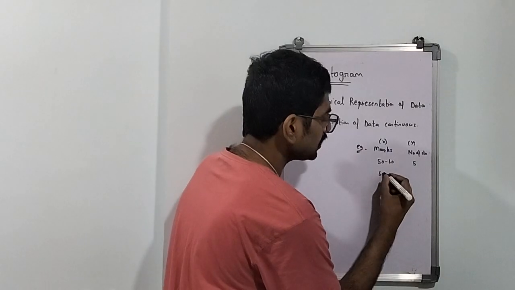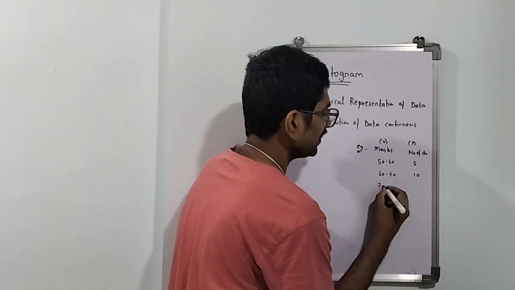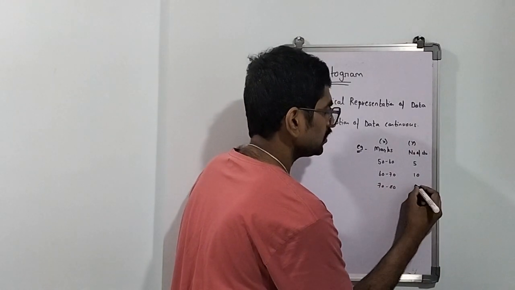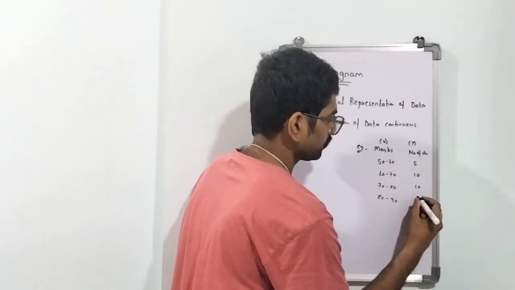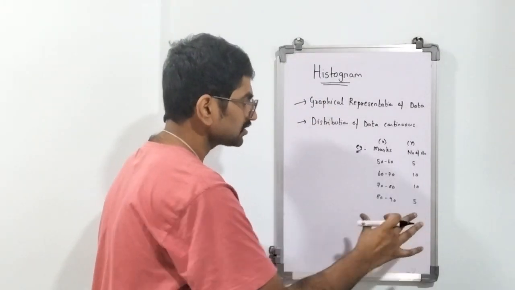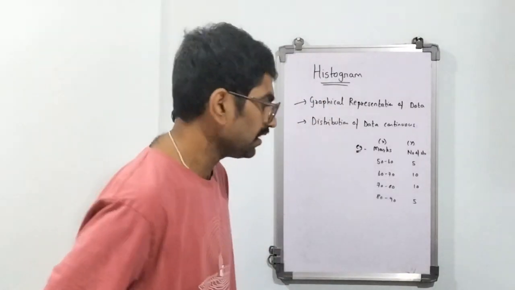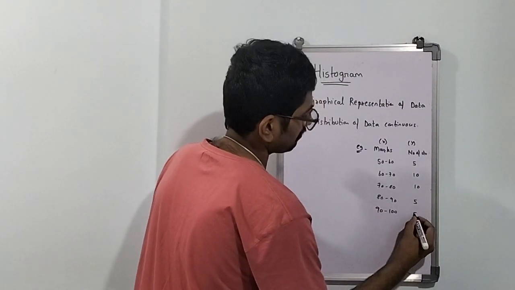From 60 to 70, let's say 10 students. 70 to 80, let's say 10 students, and 80 to 90, let's say 5 students. Okay, so these are the marks. We are taking this particular table, and let's say 90 to 100 also has 5 students.